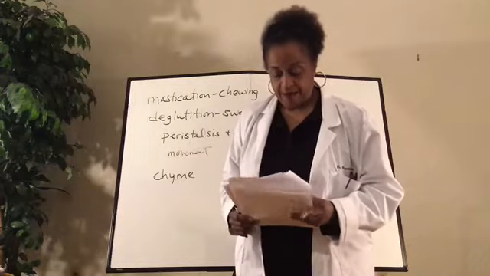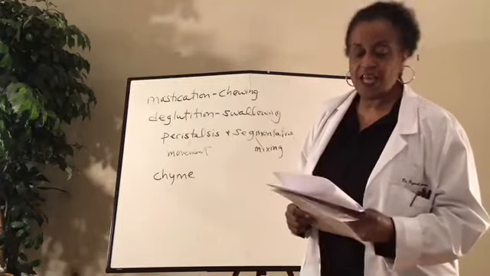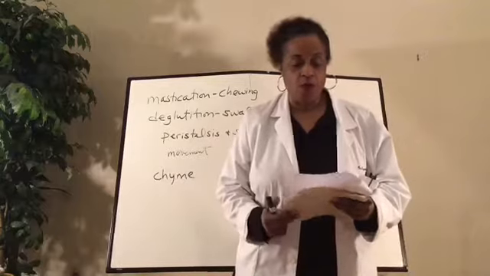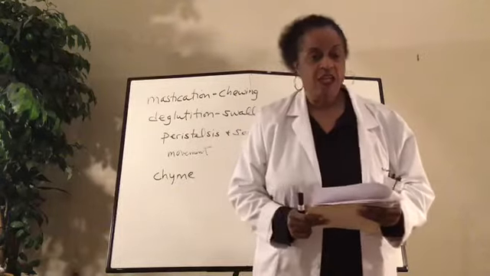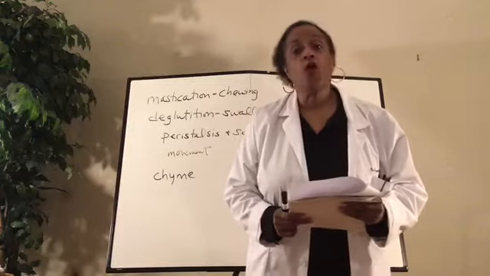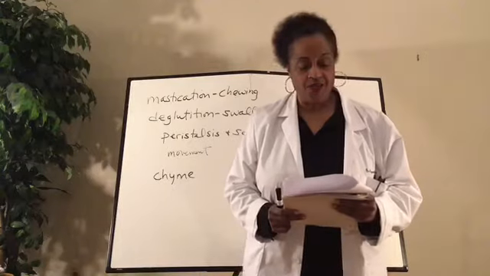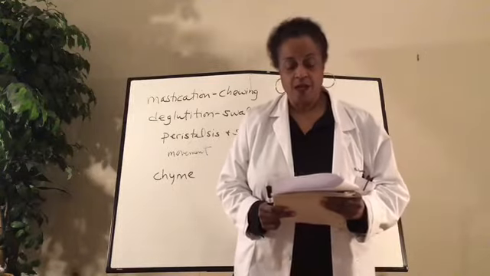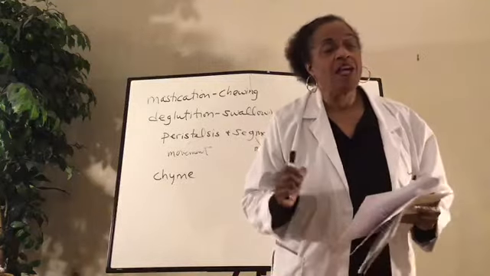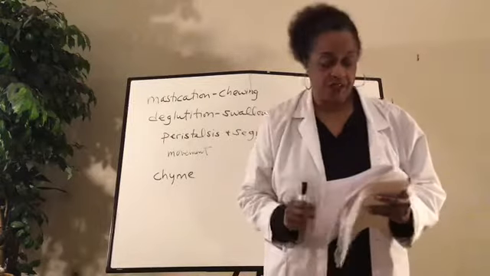We have some regulatory hormones. Gastric emptying, to empty the stomach, is regulated by hormonal and nervous systems. The GIP, gastric inhibitory peptide, is a hormone that's released in the presence of fats and carbohydrates in the duodenum.